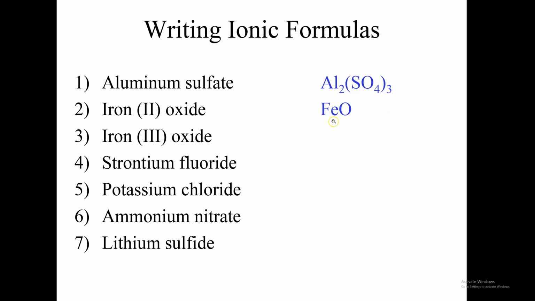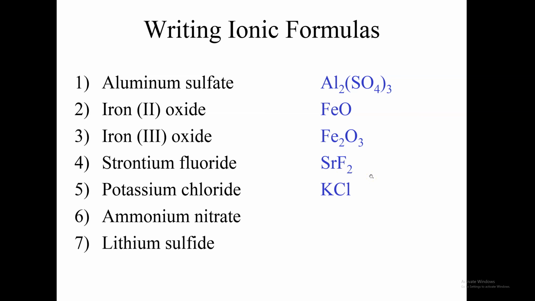Iron 3 oxide is a little different. Again, we're going to drop down that 2, with the same process. So our answer should be Fe2O3, because iron 3 is a 3+ charge. Strontium fluoride is going to be Sr, and strontium has a 2+ charge because it's in group 2, and fluorine is -1, so that gives you SrF2.